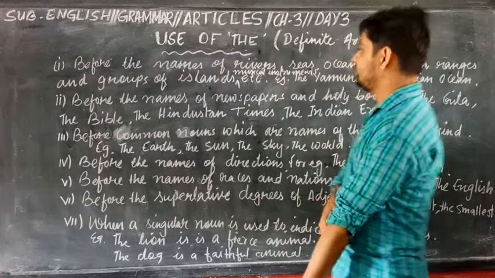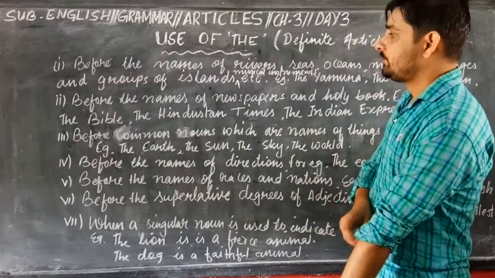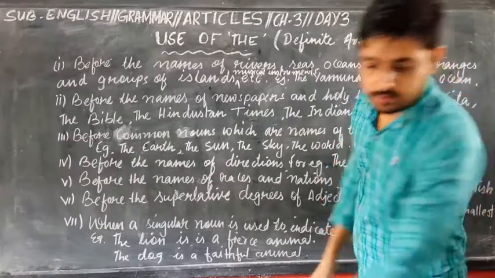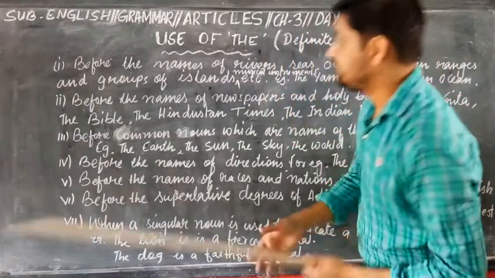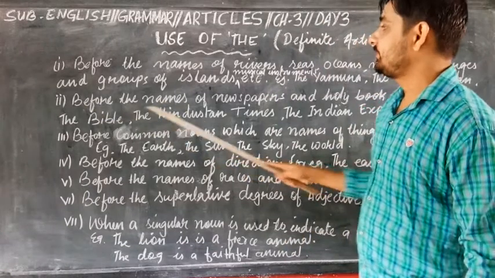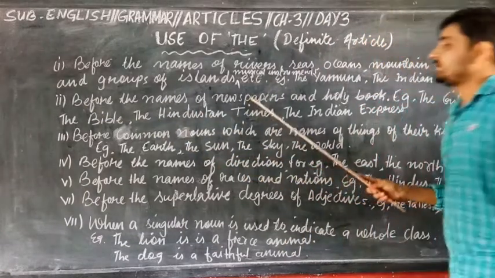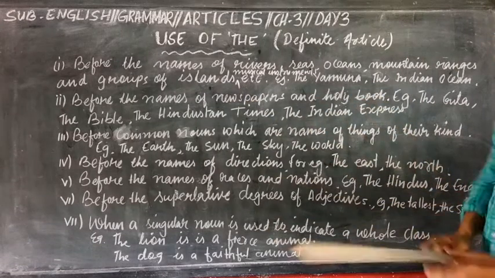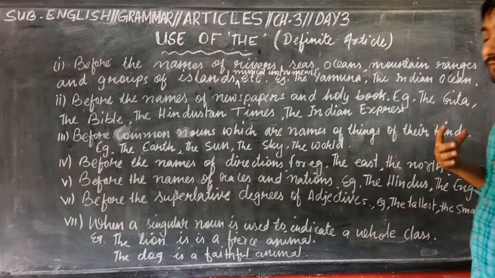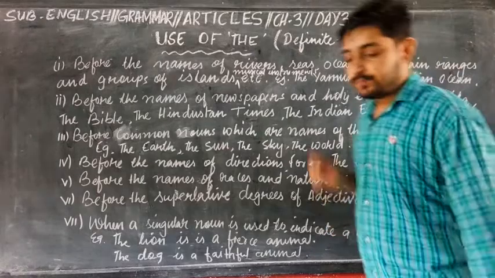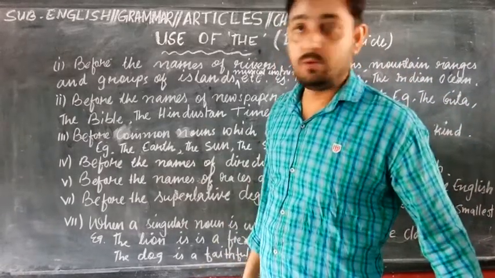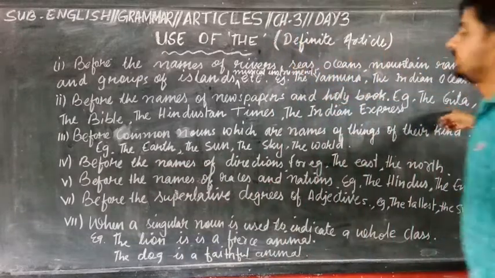Again, point number 2: before the names of newspapers, we have to use "the". And holy books also, before the name of the holy books we have to use "the". For example, the Bible is a holy book. The Gita is a holy book.